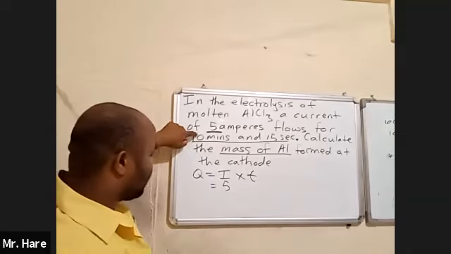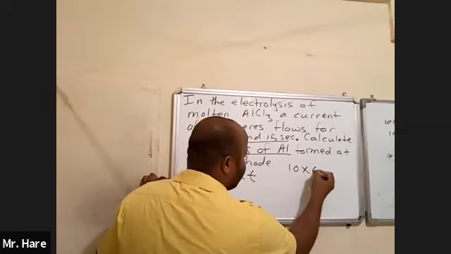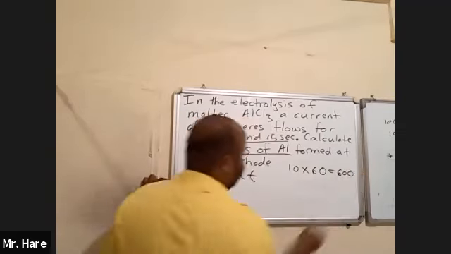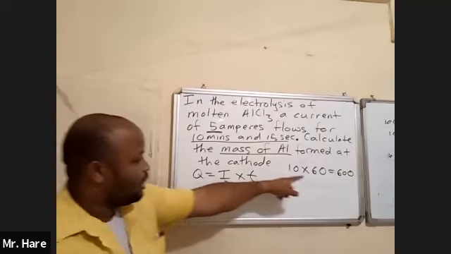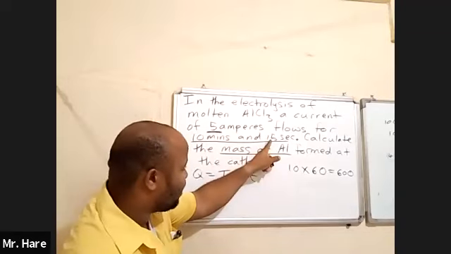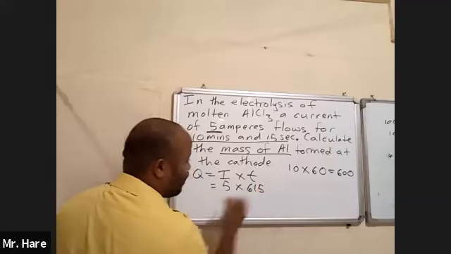So 10 minutes, to get it in seconds, will be 10 times 60, which is 600 seconds, plus the 15, that would be 615 seconds.